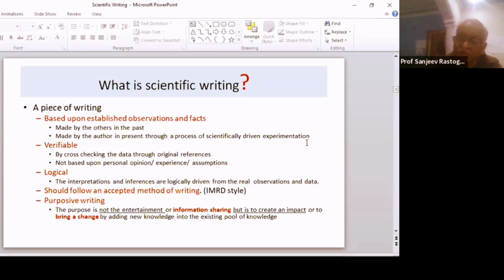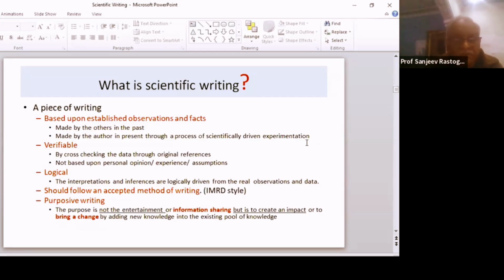You might have done some clinical trial or experiment, and the observations you have made will make a piece of writing, and this would be scientific writing, because it is based on established observations and facts which are verified either by you or by others.